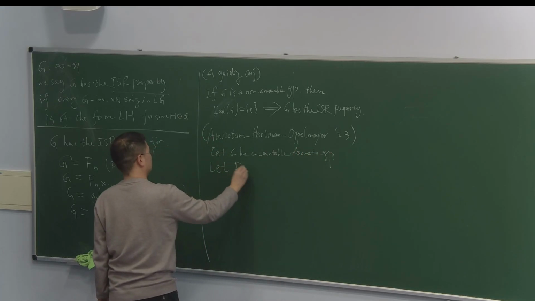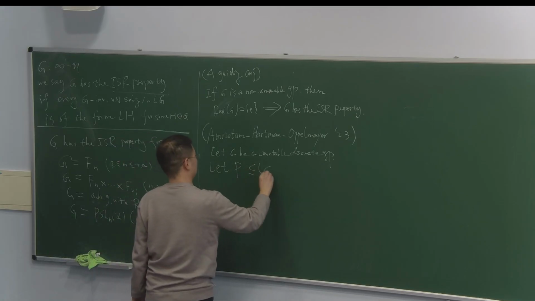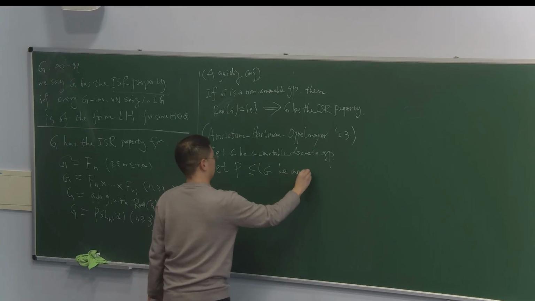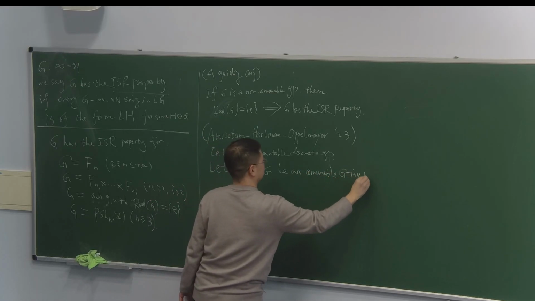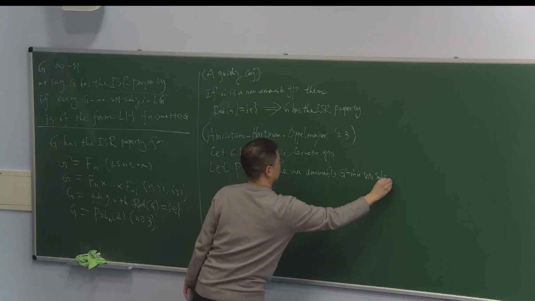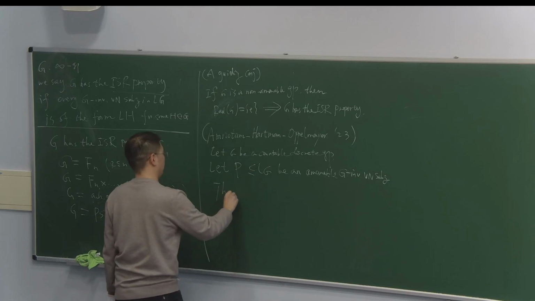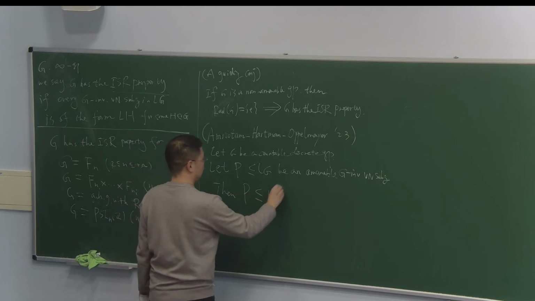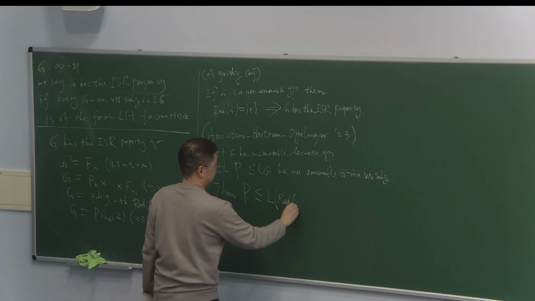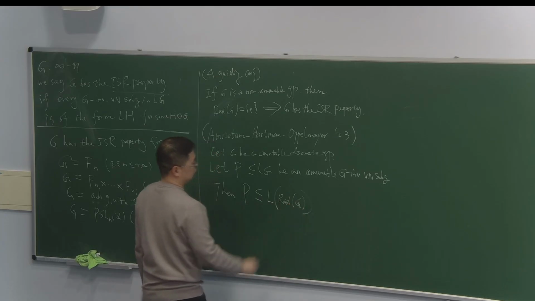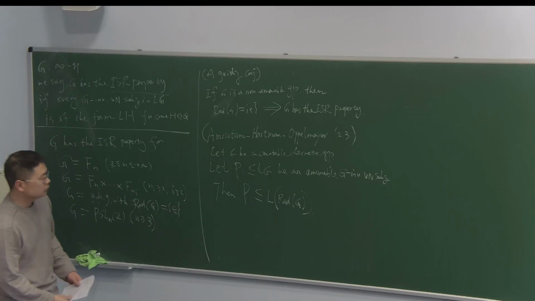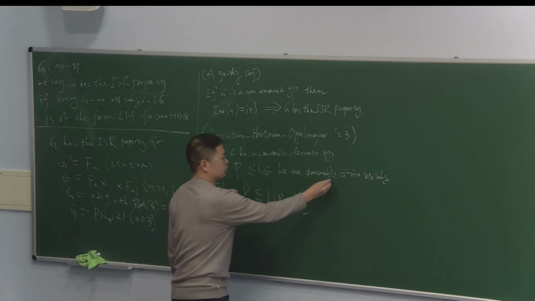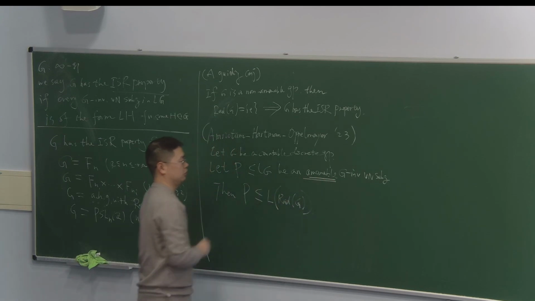Let P be an amenable G-invariant von Neumann subalgebra. Then P is located in the group von Neumann algebra generated by the radical of G. So the only actual assumption is amenability here.